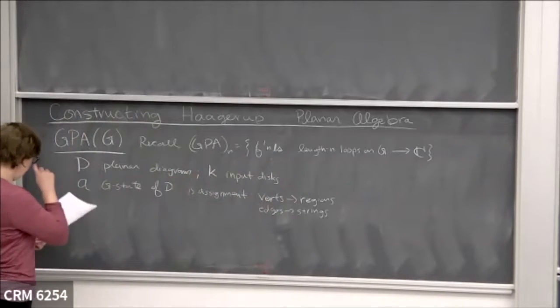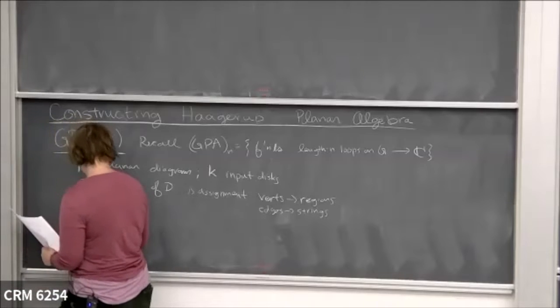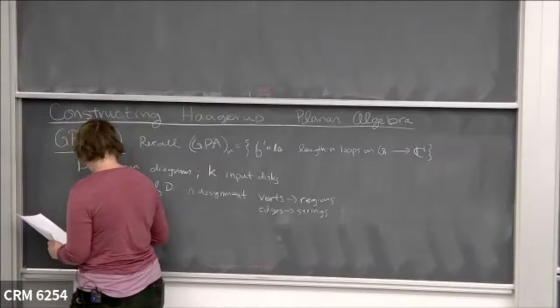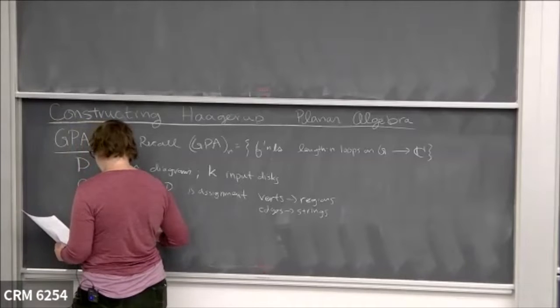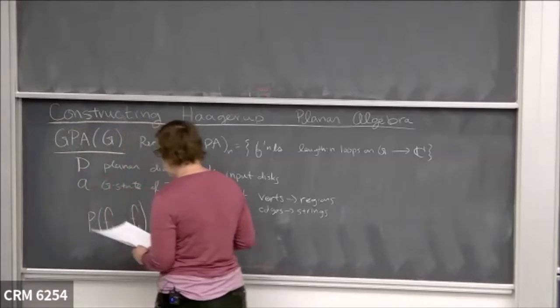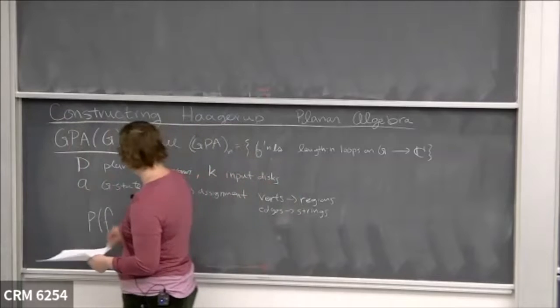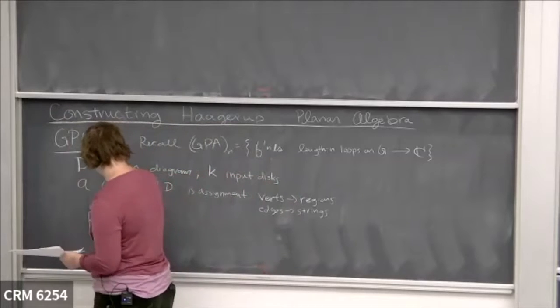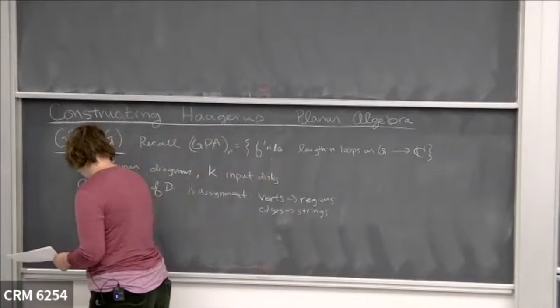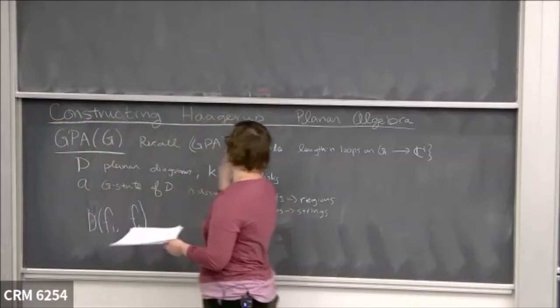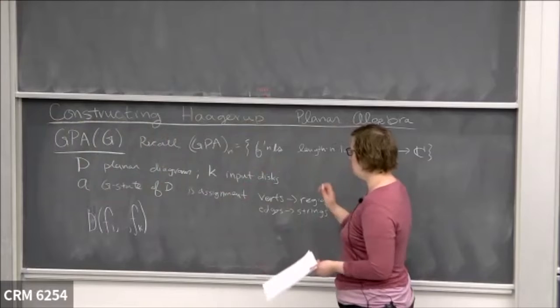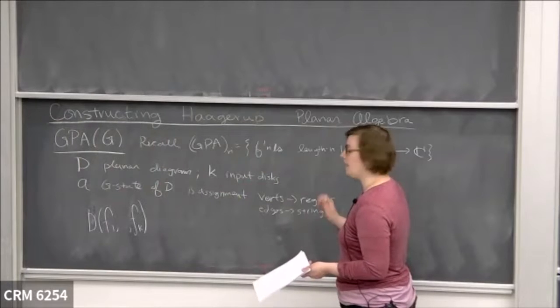Okay, so here's this sort of overwhelming formula. If I have k different functionals as my input to D, let's keep it as D, then this planar diagram should produce, again, a functional.